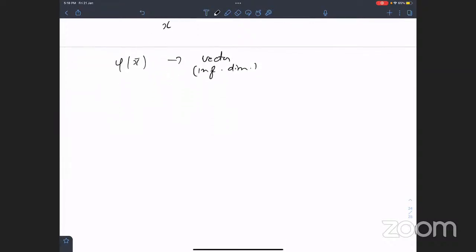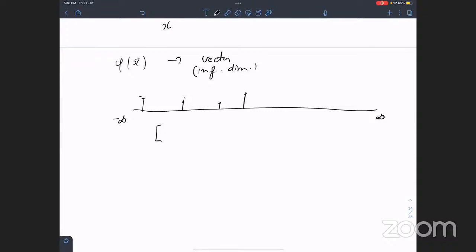Let me clarify that. So imagine having a scale, on minus infinity to infinity. Now at every point, my wave function will have some value, right? So imagine this. So how would I mathematically specify this wave function? I'd basically list a lot of numbers. In fact, I'd have to list an infinite number of numbers. So it is like a vector only in a way, right?